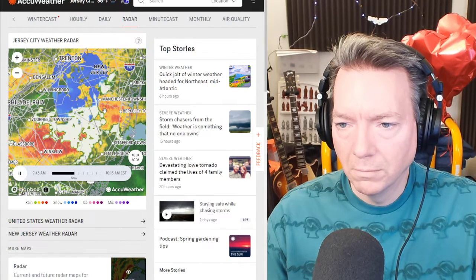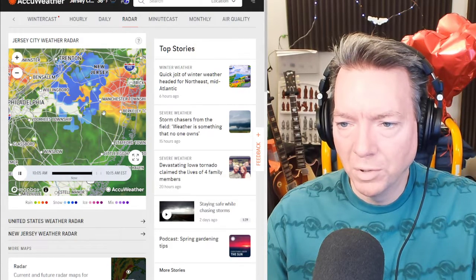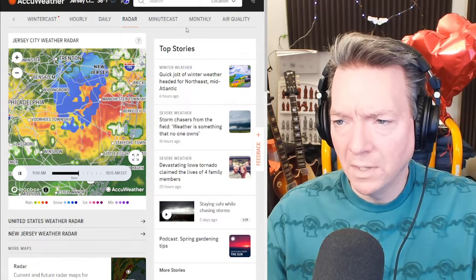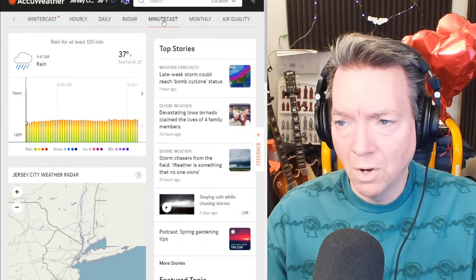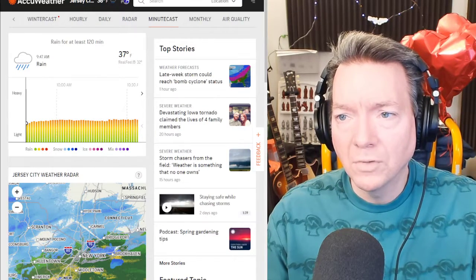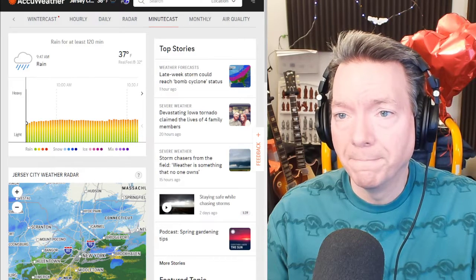Look at the rain. Oh, so good. And the blue is snow. Oh my gosh. We tend not to get a lot of snow here, which is interesting. Snow all around us, but not actually where we are. So that's some good news, I suppose.